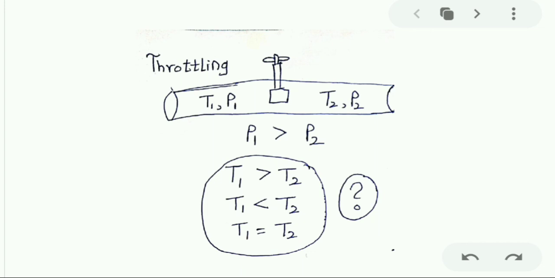Suppose we have hydraulic oils moving through pumps and pipes, right? Various pipes through which they are moving, and sometimes these pipes can be leaking, and it could be a major challenge to find where they are leaking. So the place through which it is leaking, suppose it is leaking from here, throttling will take place, and because of throttling there would be a warming effect produced, and this could be sensed using a thermocouple.